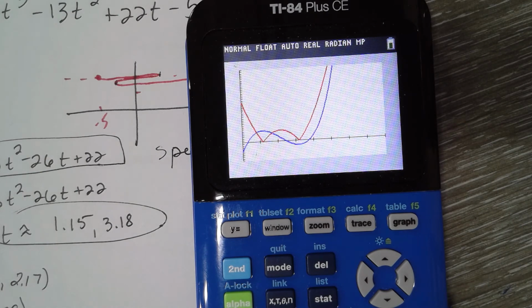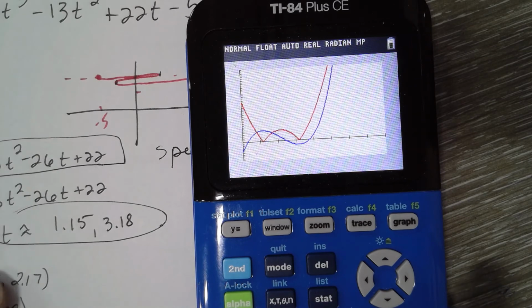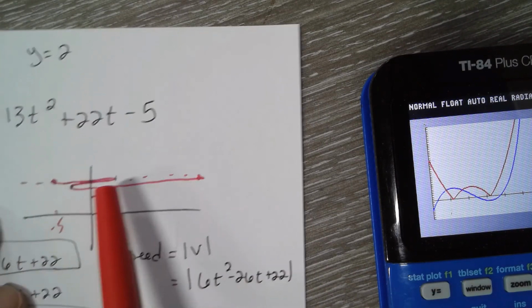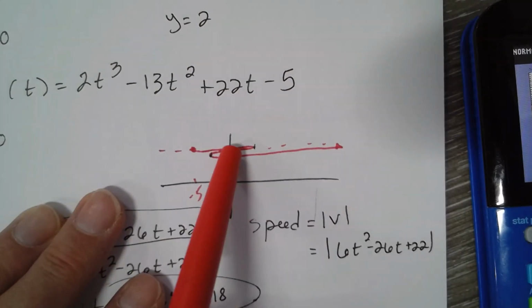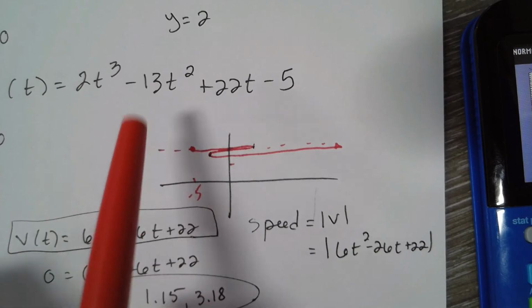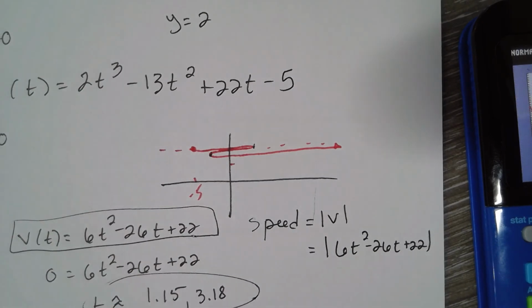And F, when is the particle at the point 5, 2? Remember, we're moving along the line y equals 2, so it always has a y value of 2. We just need to know when the x value is 5, because they asked for when it's at 5, 2.